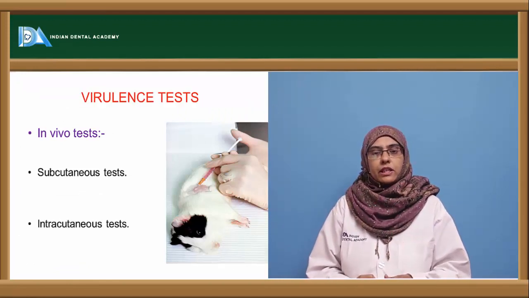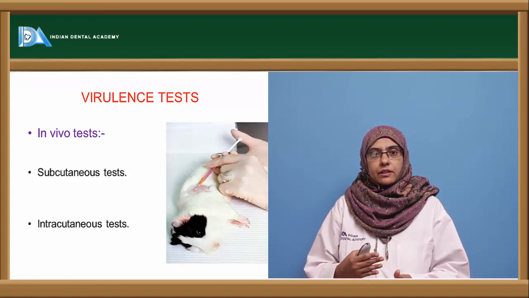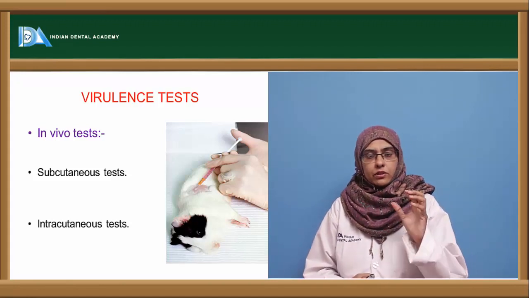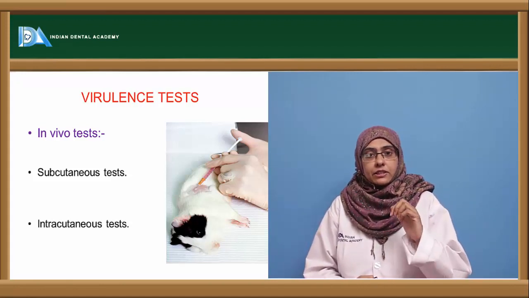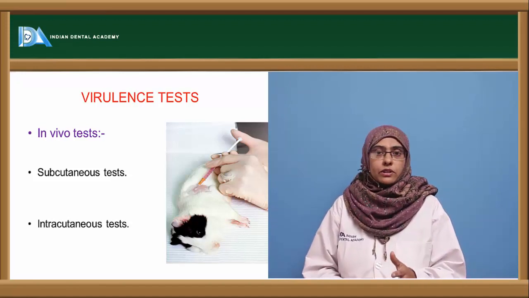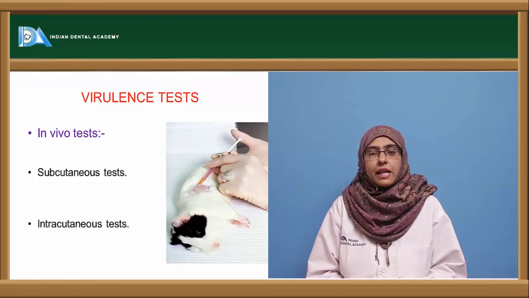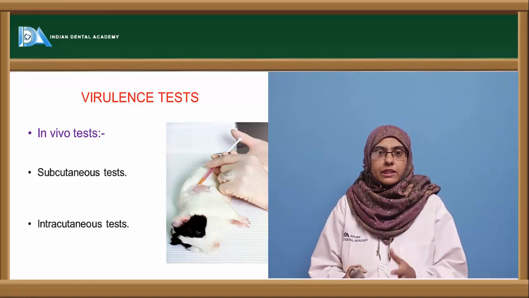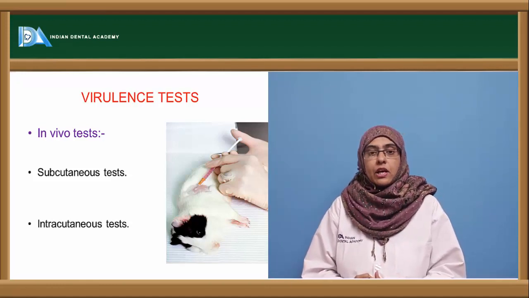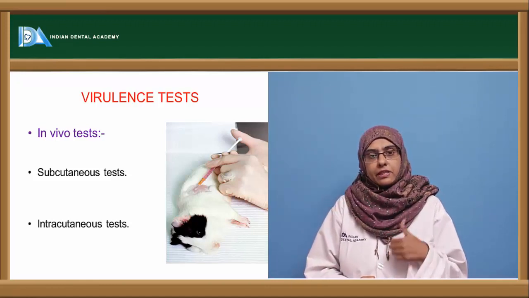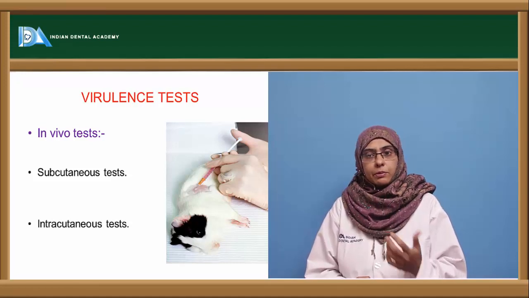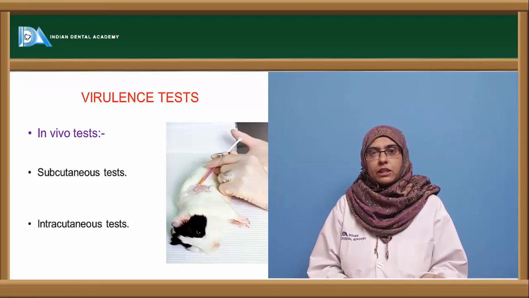In vivo, the organism which is toxinogenic in nature, that is the strain involved in the disease causation, is emulsified and then inoculated into the experimental animals. Two guinea pigs are taken as the experimental animals. Here 0.8 ml of the emulsified culture is introduced subcutaneously in both guinea pigs.